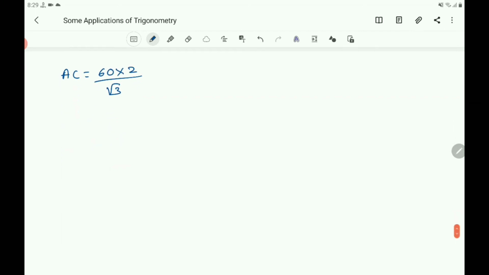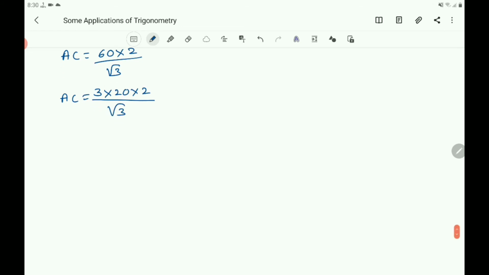Now let us try to cancel root 3. You know that 3 into 20 is 60, so 60 is 3 into 20, into 2 by root 3. Then AC equals, 3 can be expressed as root 3 into root 3, 20 into 2 is 40 by root 3. Now you can cancel root 3. So you got AC equals 40 root 3 meter.